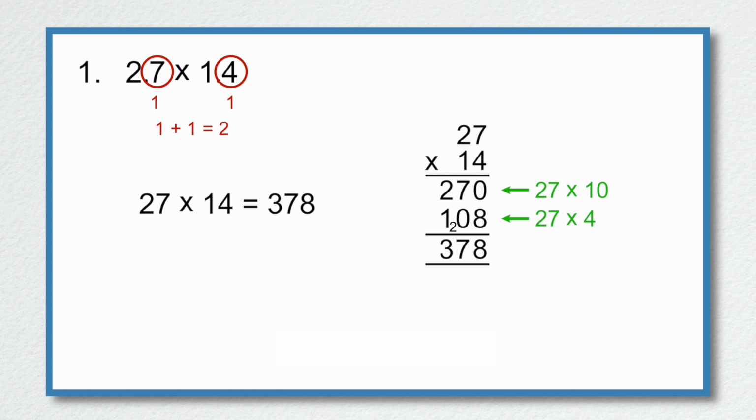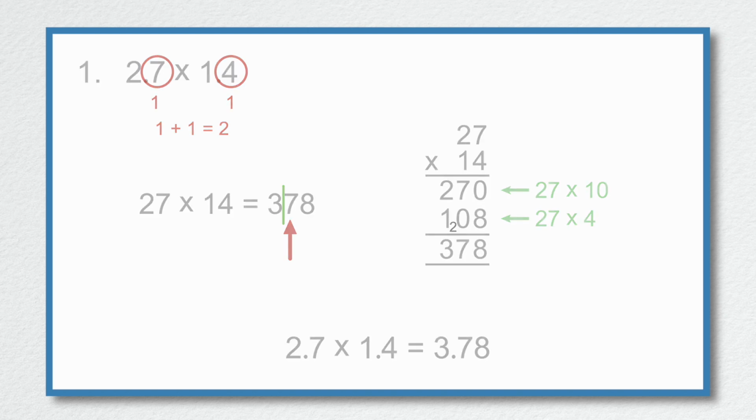Going back to our number 378 and working from right to left, I'm going to count 2 digits. 1, 2. And we're going to put a decimal point here between the 3 and the 7. So 2.7 multiplied by 1.4 is equal to 3.78. And that's it.